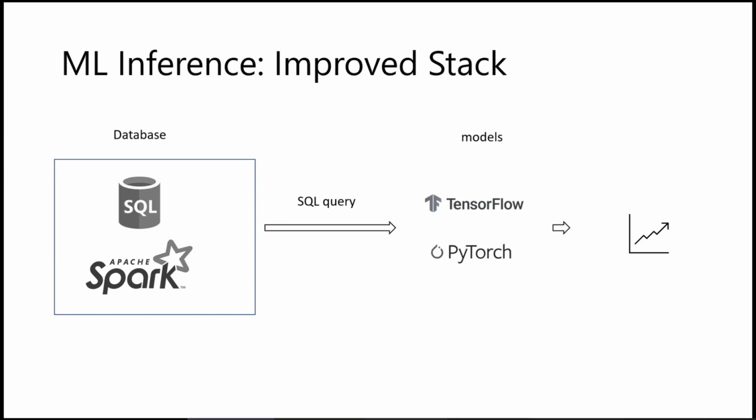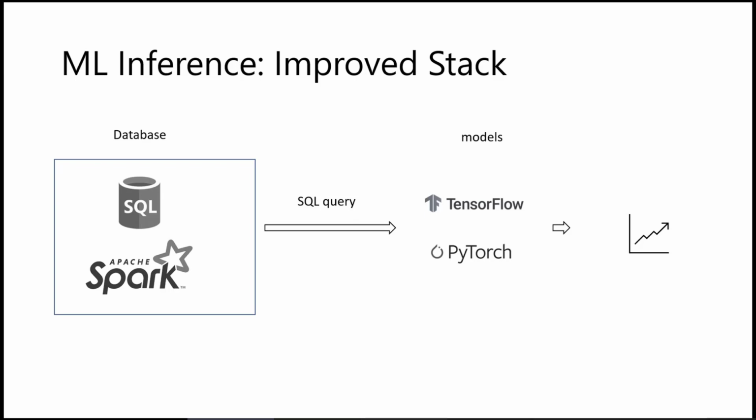So a more improved version of this stack is you fit all your data into a database. The database can be SQL or maybe a Spark-friendly format like Parquet. If you have your data there, you can skip the step of doing all your transformations and sorting outside of where your data lives.